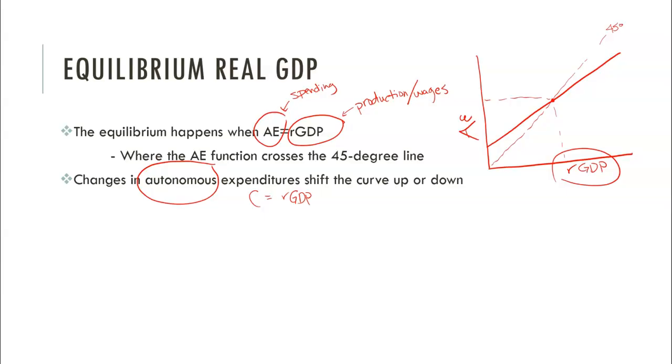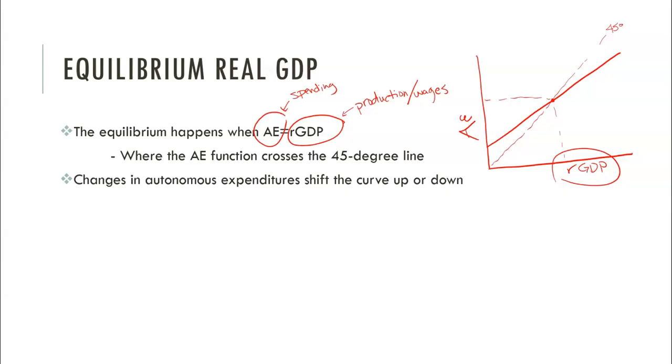So consumers are definitely affected by their disposable income in determining how much they spend. But other things in our model, like government spending, for example, have nothing to do with the level of production. The government decides its budget, they plan what they're going to spend, and that is independent of tax revenues or income that's earned in the economy.